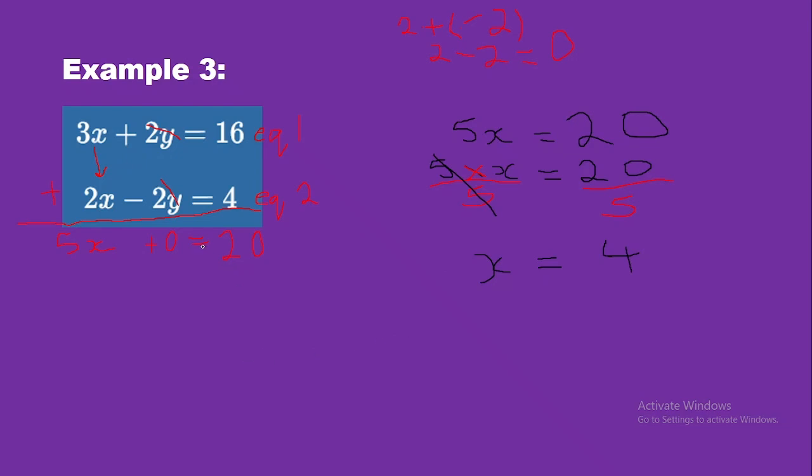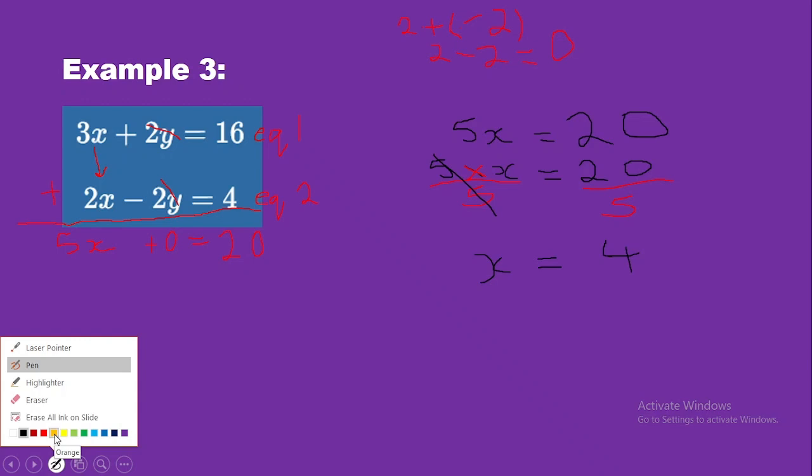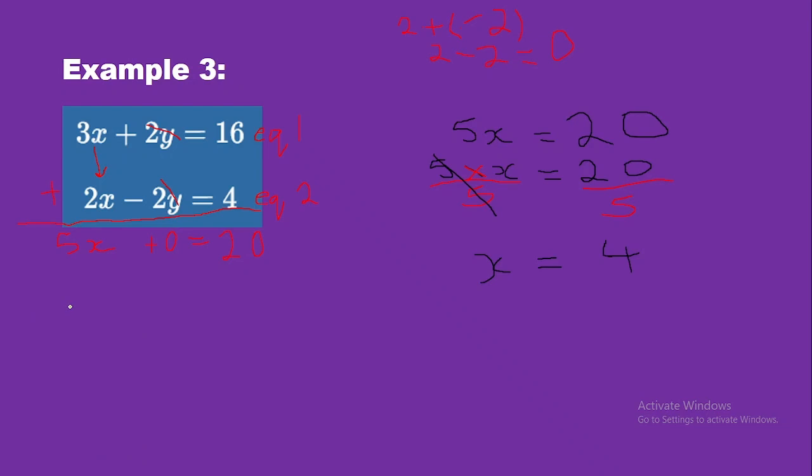So let's plug it into our first equation. Let me change the color to green. So that's going to be 3x plus 2y is equal to 16.